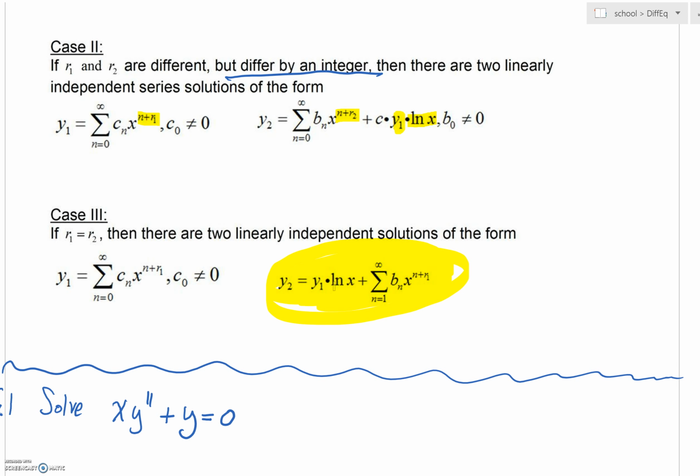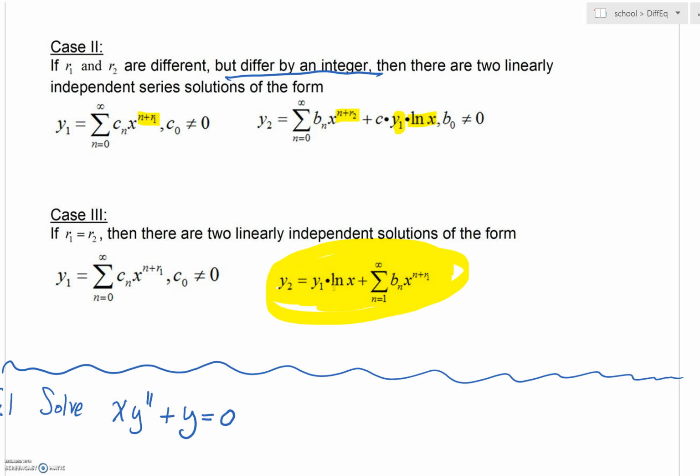It's identical to what we just saw, except that here we'd go from n equals 1 to infinity as opposed to n equals 0 to infinity. And we're not going to see a case 3 in action today in the notes.